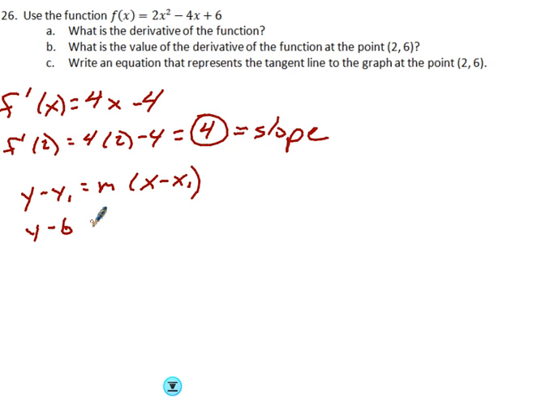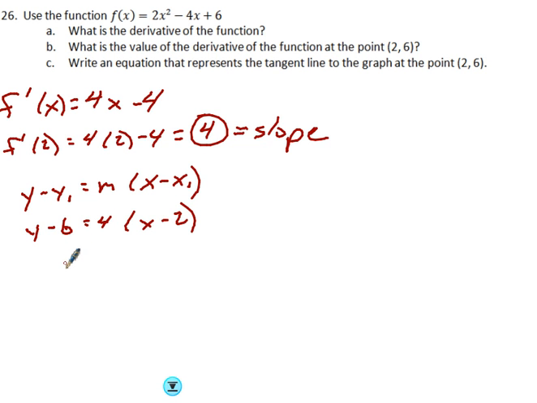So this is y minus 6 equals 4 times x minus 2, which is technically a correct answer. You can stop right there. If this were a multiple choice problem, it might not give you that. It might give you it in slope-intercept form. If this were a BCR or more of a show your work problem, you could stop right there and get full credit.